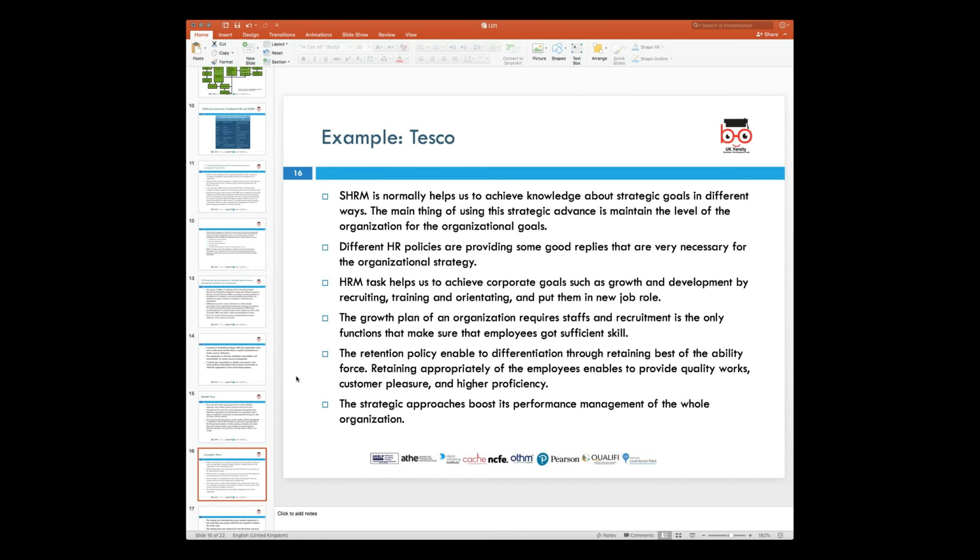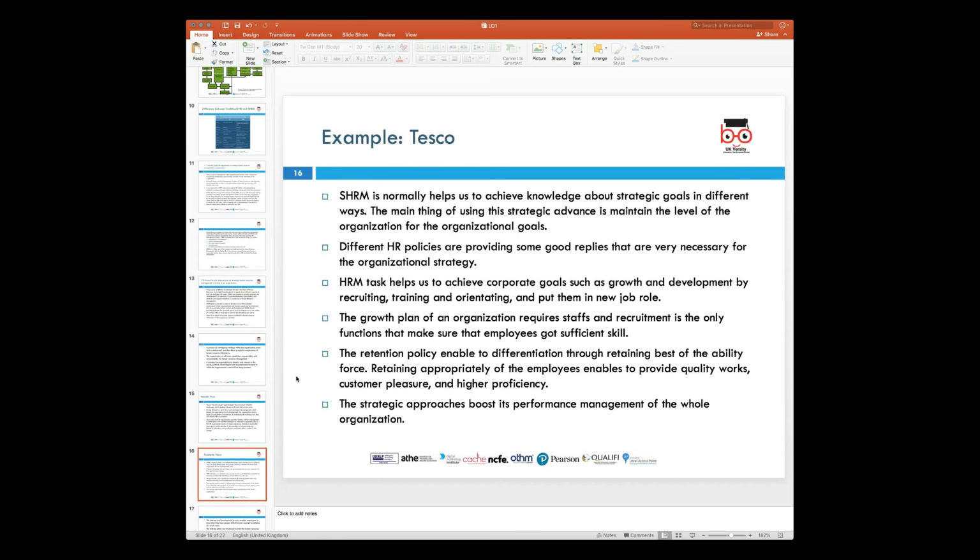Now, the SHRM side of things is also looking at the growth plan of the organization, because as it increases in terms of size or looks at international expansion, how this growth plan can be supported by the required staff and commensurate recruitment that needs to take place to get good employees who have sufficient skills to work within the organization. But at the same time, they are also looking at a retention policy.